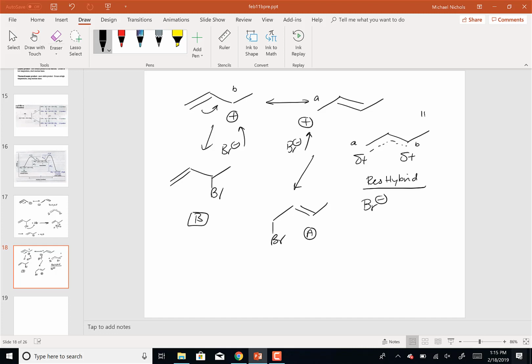Yes. And I did that to avoid the confusion of adding the bromine to one of these two delta positive charges and figuring out where the double bond goes after that. So we're going to treat the resonance structures as if they were each individual intermediates. So that gives me product B and product A.